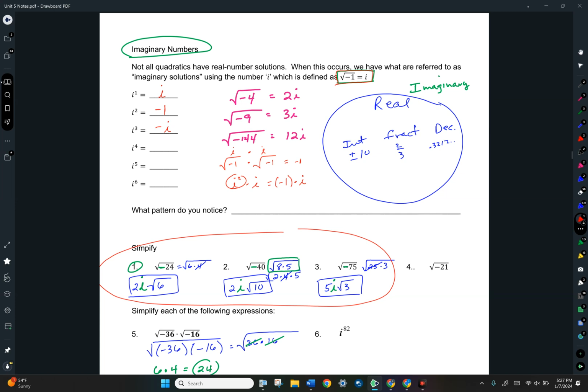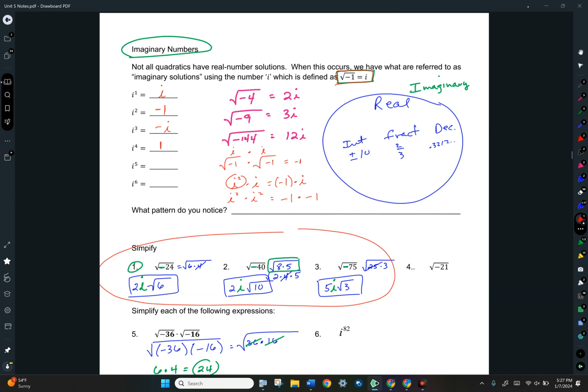All right, so what about i to the 4th? Well, that's the same as i squared times i squared. And since each of those i squareds represents -1, that's like saying -1 times -1. Well, -1 times -1 is +1. So far, every one of these i terms that had a higher exponent, we were able to simplify it down to being either no i's at all or just a single i.